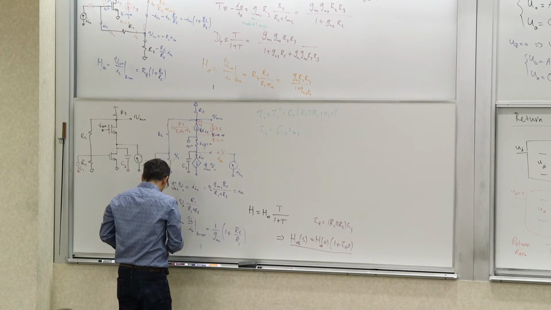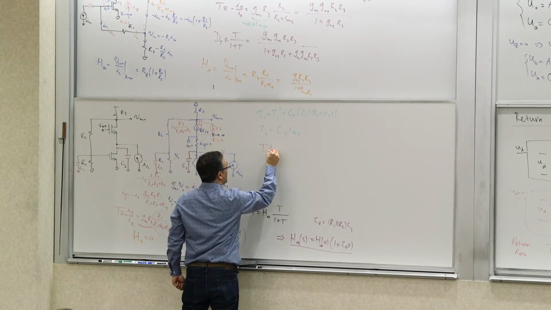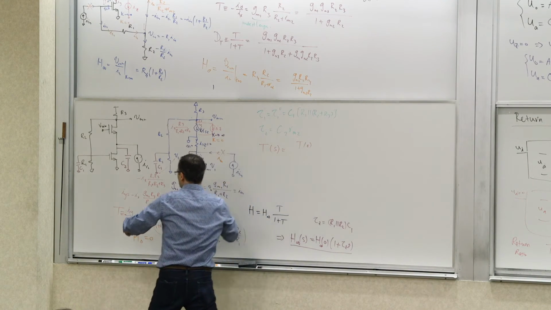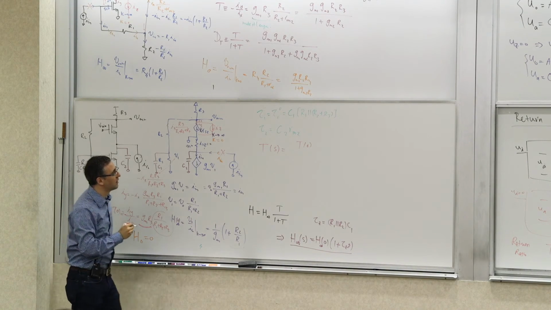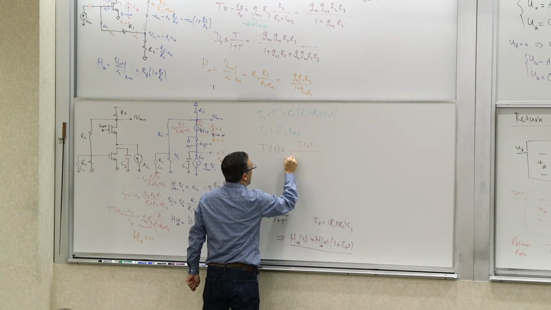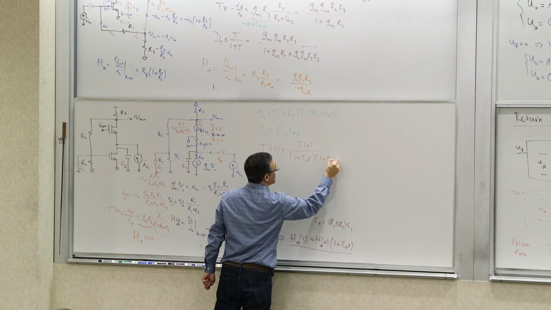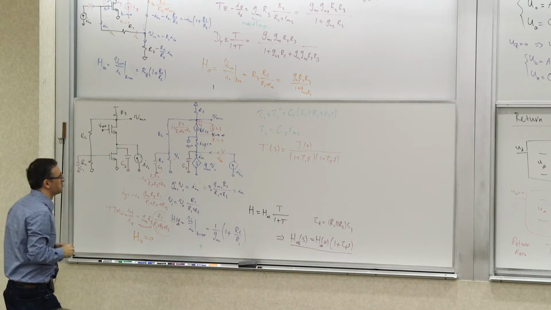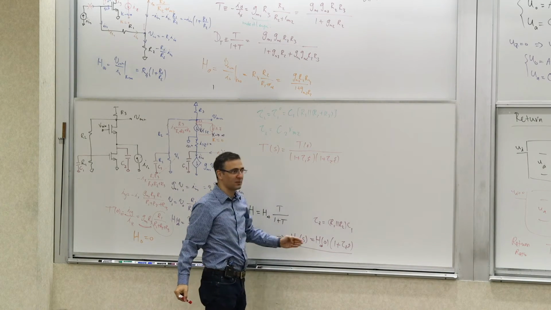And therefore, the high frequency return ratio, T of S, is going to be T0, which is that quantity. Let's call this T of 0. T of 0 divided by 1 plus tau 1s times 1 plus tau 2s. So this is the way it becomes a function of frequency.